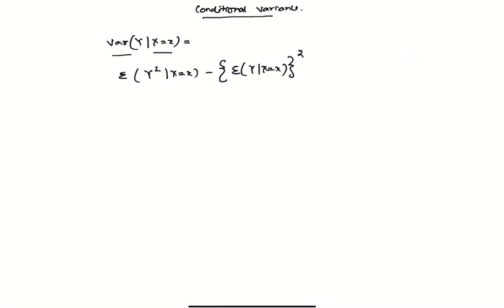This is the same as the typical variance formula, which would be the expected value of y square minus the square of the expected value of y. So this comes from that formula.